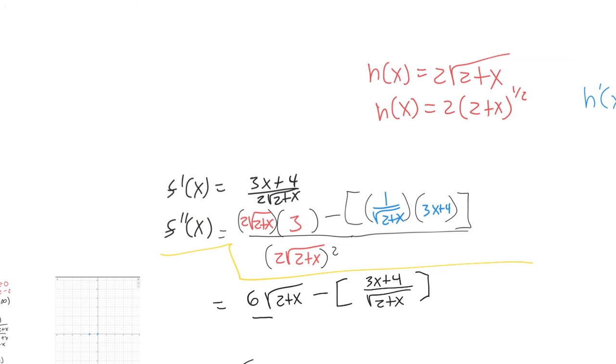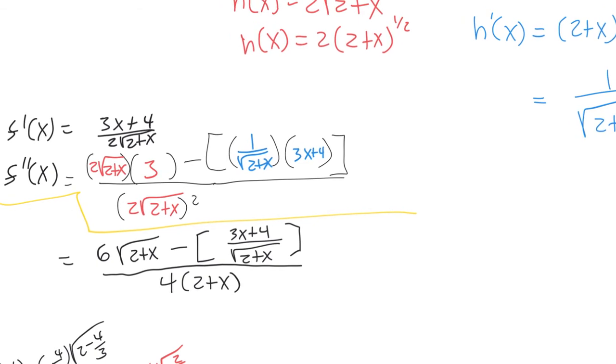And that's going to be all over, let's see, this is something we could actually square. So that would become 4 times 2 plus x. Then, going further with it, on the bottom we would certainly have 8 plus 4x.